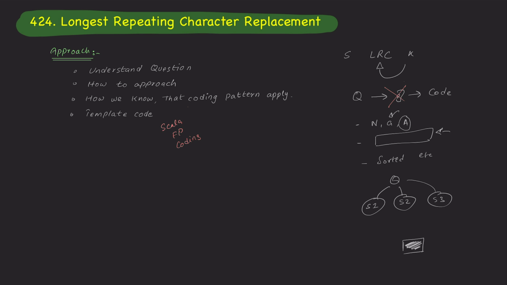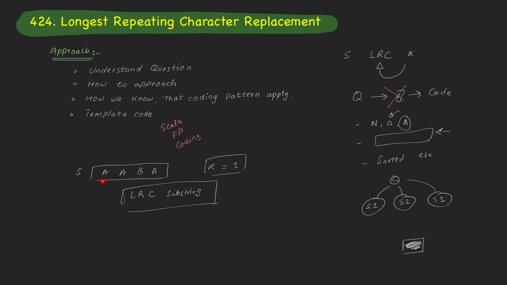Okay, I can explain this question further. They will provide you a string and also some number, suppose 1, and they're expecting that in this string you have the option to replace just one character by anything you want, and once you replace that you have generated the longest repeating character substring.